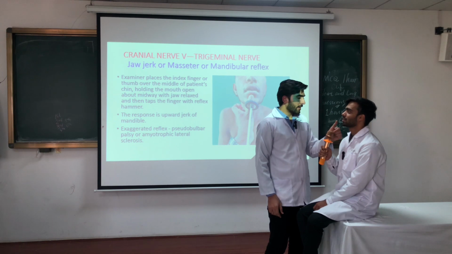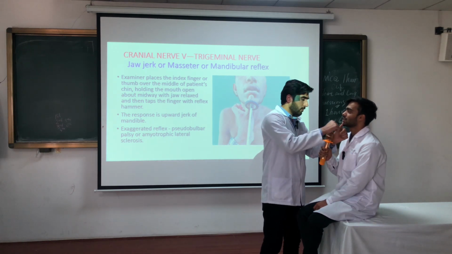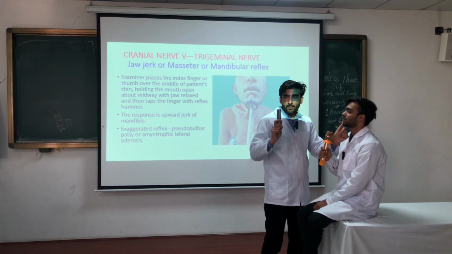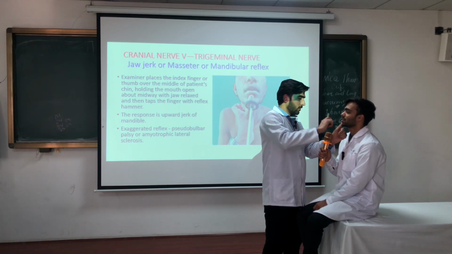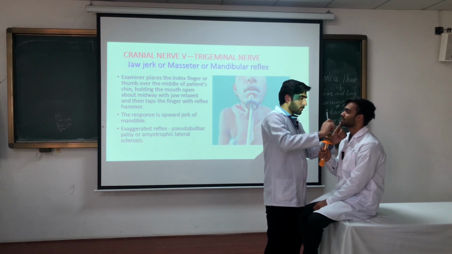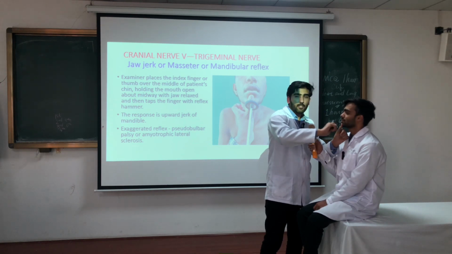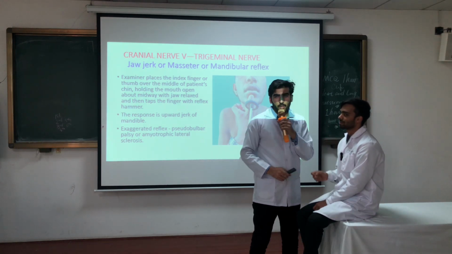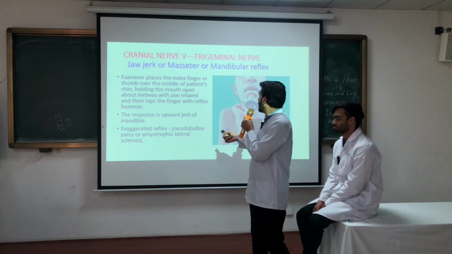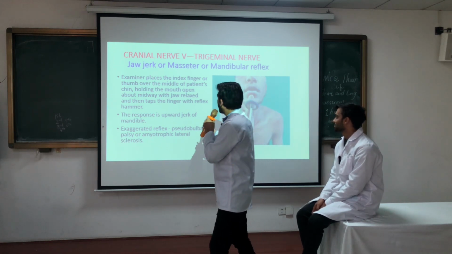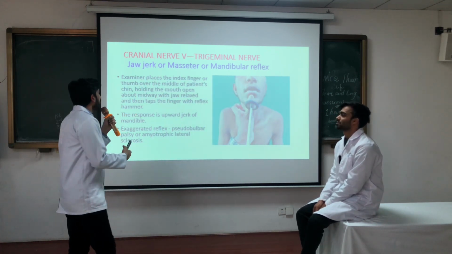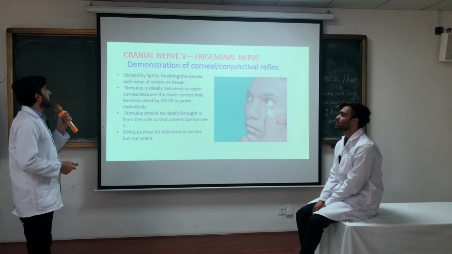I put my finger like this, and this is our hammer. If I push like this, the jaw moves downward and then suddenly upward. This is called the jaw reflex. So we can see in cranial nerve 5 the jaw jerk or mandibular reflex.